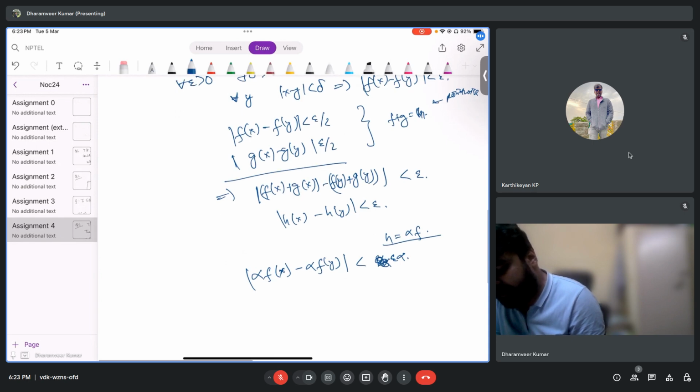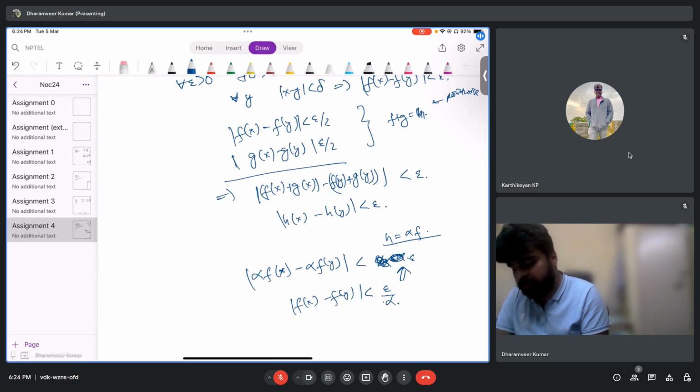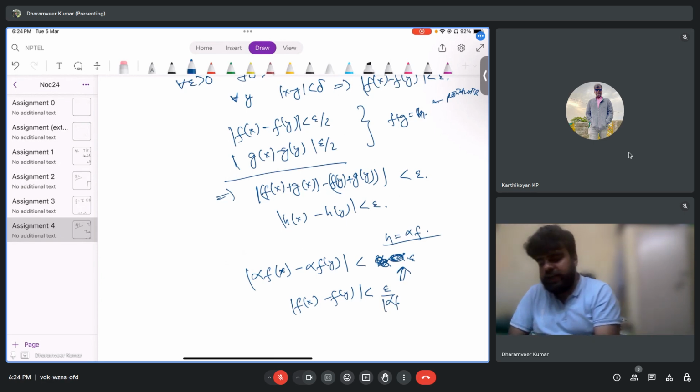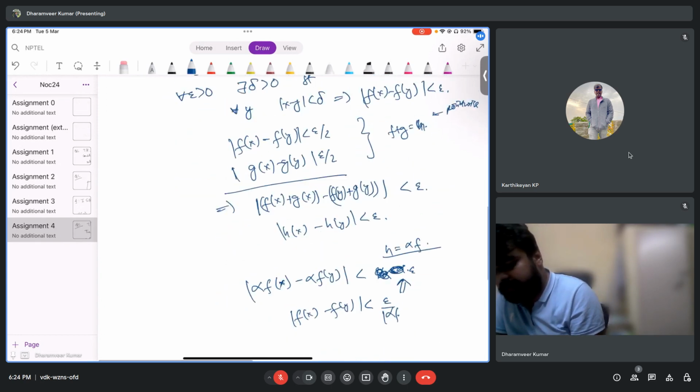So from here, because let's say you had this, choose epsilon to be this. So from here, this will imply, rather mod alpha. So for any alpha in R, and whenever you add, both are continuous.